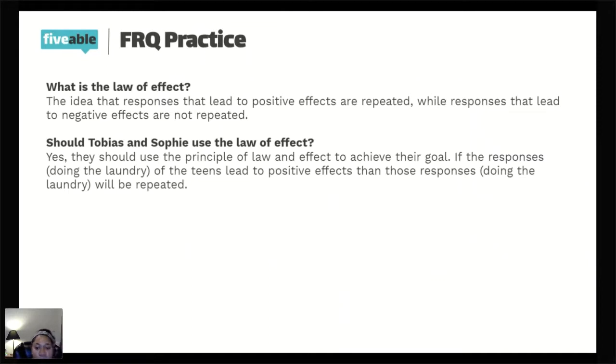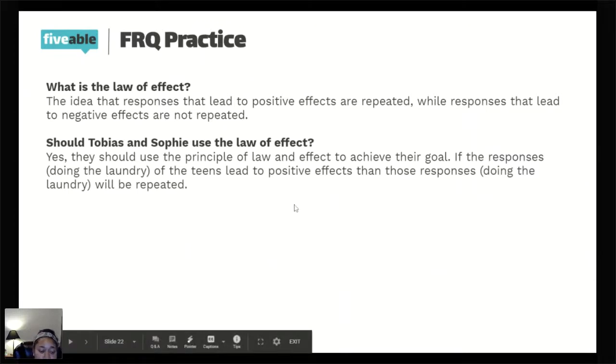Amazing. If they continuously have those positive effects, then the responses will be repeated. They'll be like, well, I got praised the last time I did it by myself, so let me do it again so I can get that same effect, because I really liked how that made me feel. So let me continue to do my laundry so I can reap those positive effects. So that's it. That is why they should use it.